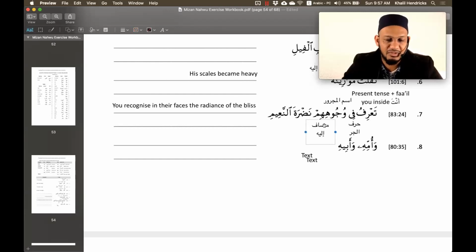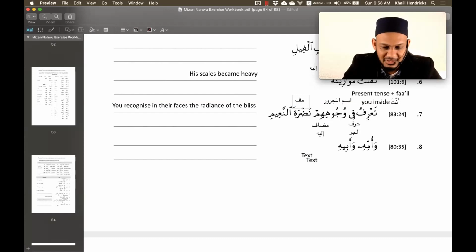Good. What's the nadrata? Probably the most difficult thing. We translate it as the splendor, but because it's light, that has to be mudaf. Okay, it's mudaf, but let me ask another question. Why is it nasb? Is it also the maf'ul bihi? Good, good.